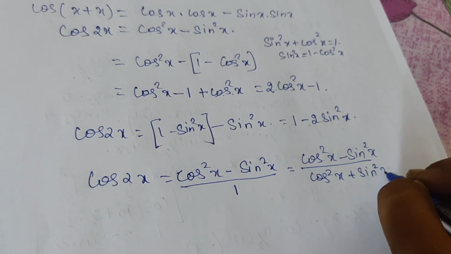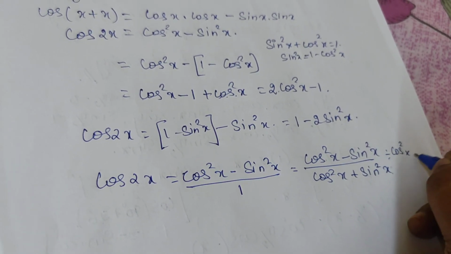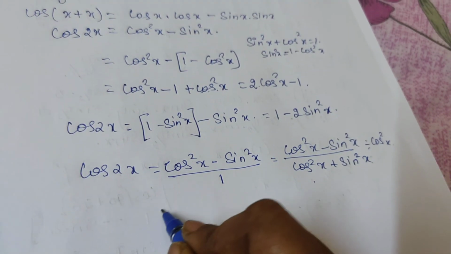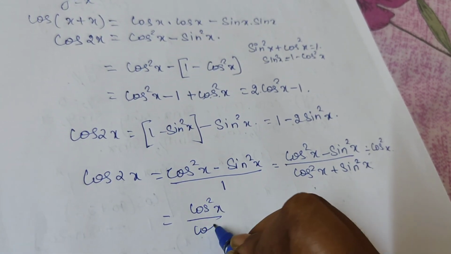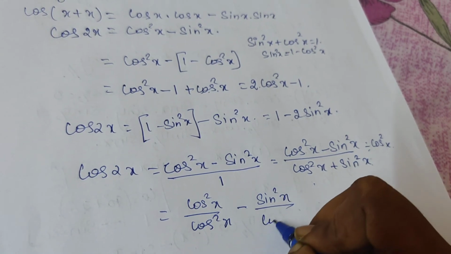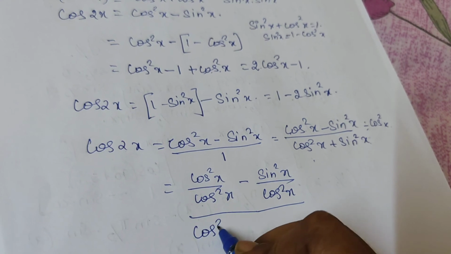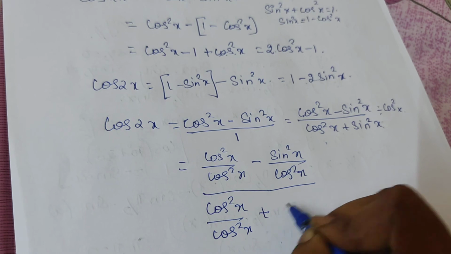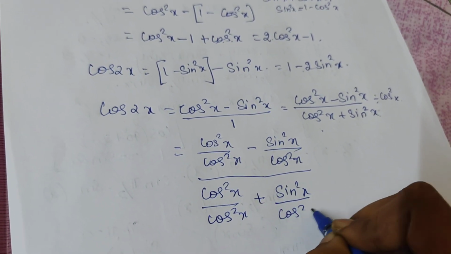Now we will divide this expression by cos square x. Divide both numerator and denominator by cos square x. So what will we get? Cos square x by cos square x minus sin square x by cos square x, which is divided by cos square x by cos square x plus sin square x by cos square x.